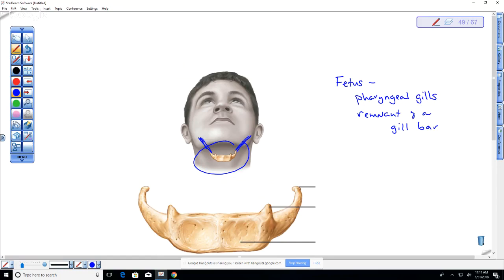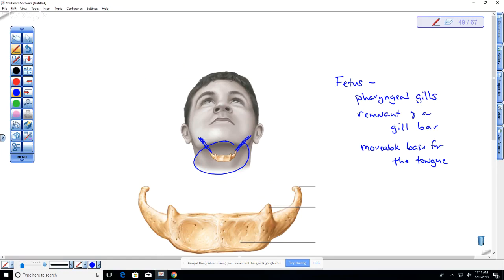And this is also the base of the tongue. So this is a movable base for the tongue. The tongue attaches, and that hyoid bone moves up and down.